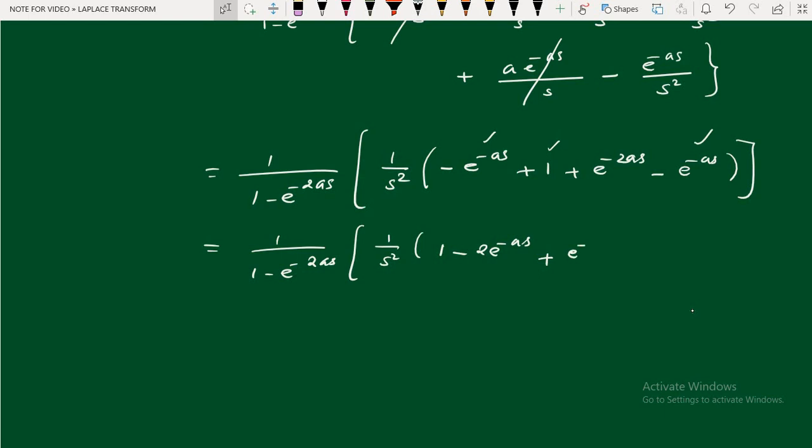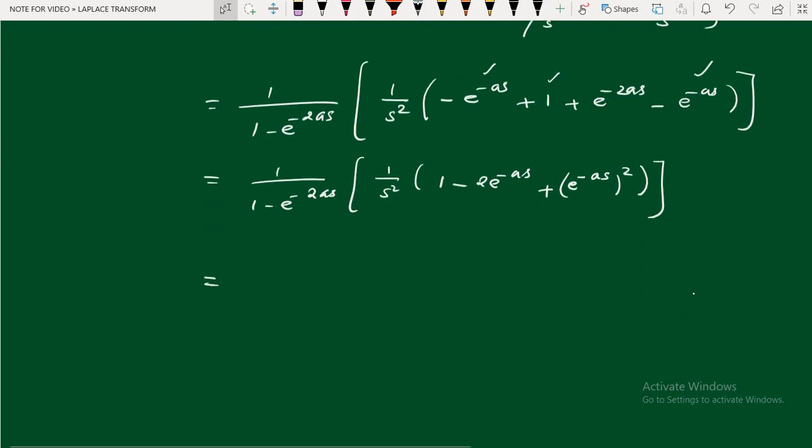E power minus 2as can be written as e power minus as whole square. Therefore here we can write this as 1 by 1 minus e power minus as whole square into 1 by s square.